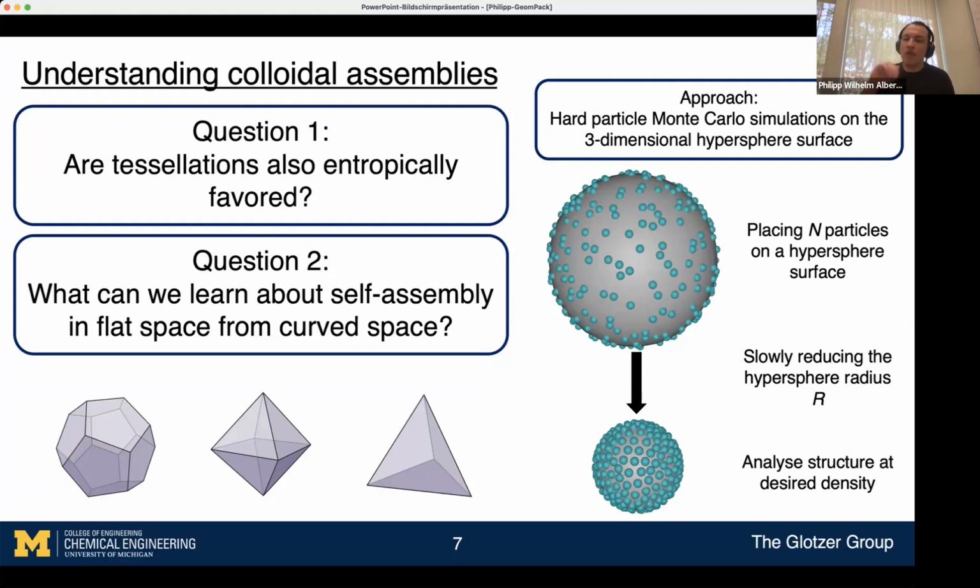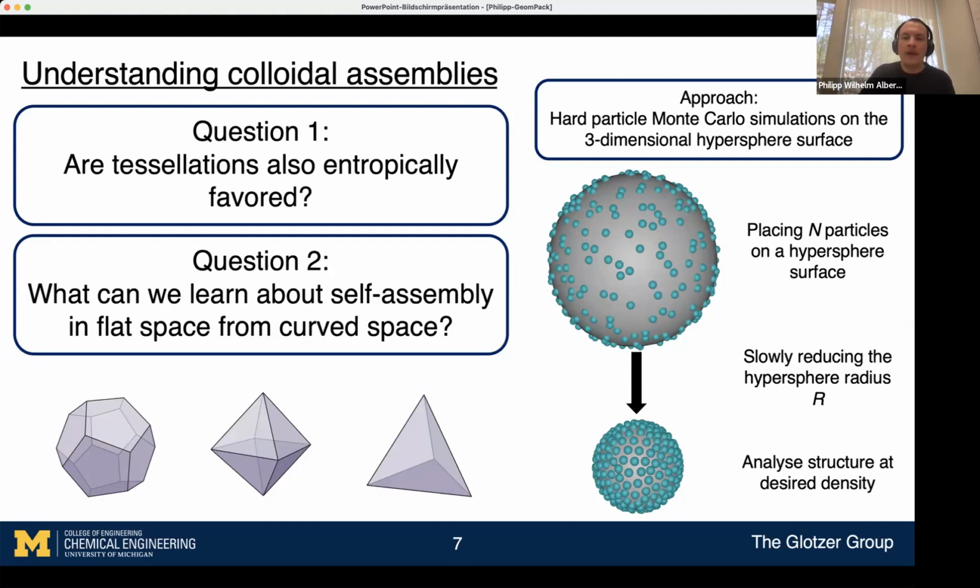And then I slowly reduce the hypersphere radius by applying a pressure on the system, and then look if the particles assemble into a certain curved crystal or not. And like I said, because in this project we are only interested in spherical systems, I will focus on the dodecahedron, the icosahedron, and the tetrahedron.